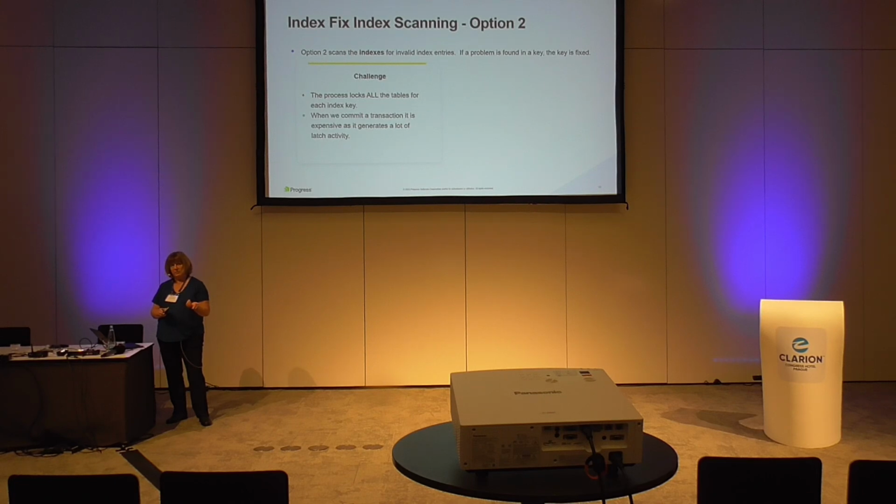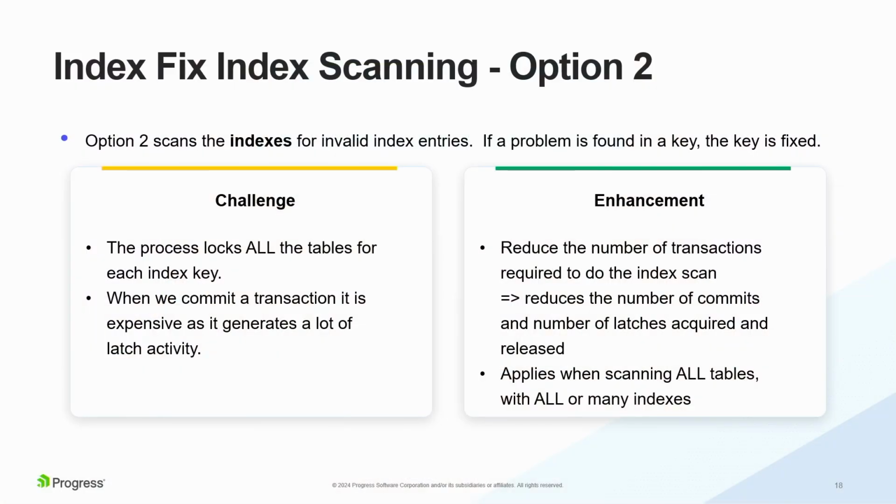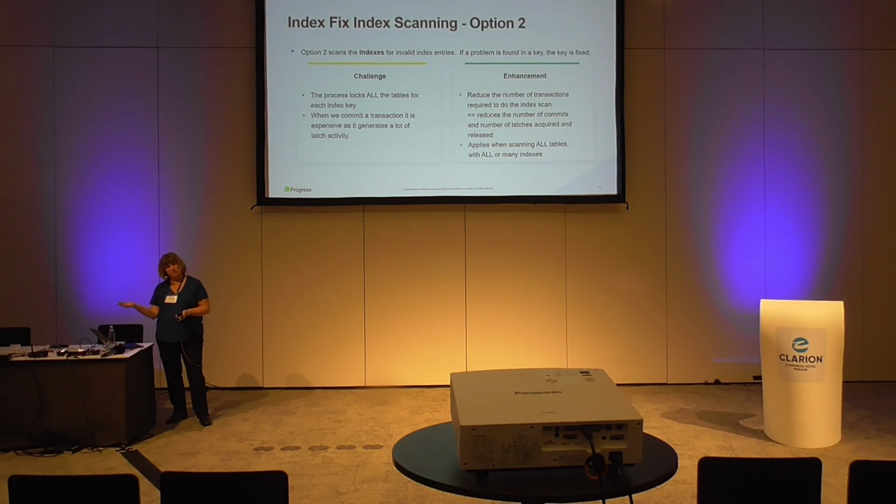And therefore, when we commit the transaction, it's an expensive commit, as it's generating a lot of latch activity. So the enhancement that we put in is to reduce the number of transactions that are required in the index scan. And so that then will reduce the number of commits and the number of latches that are being exercised.